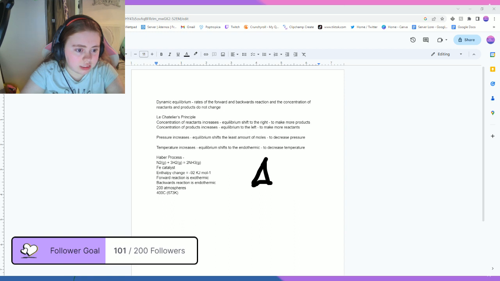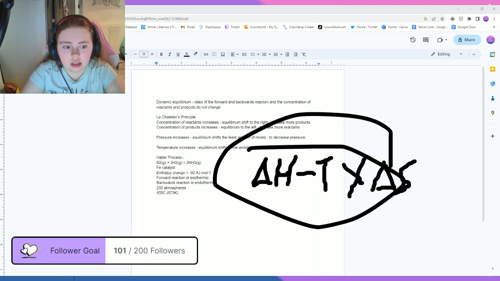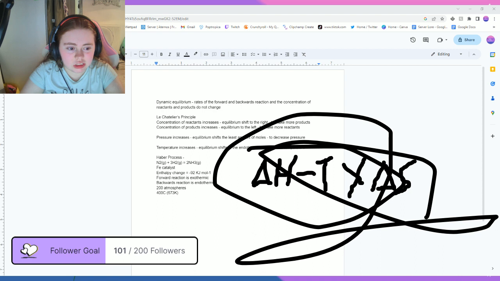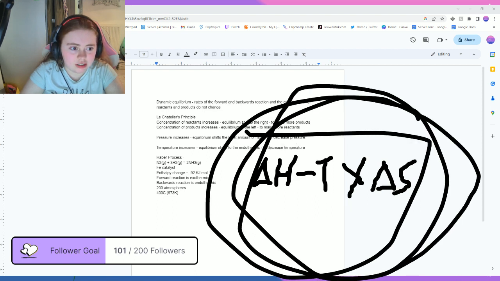The free energy equation is change in enthalpy minus temperature times change in S. That's the equation right here.